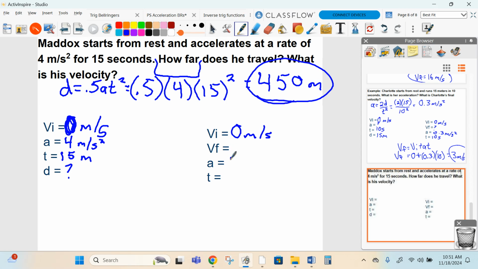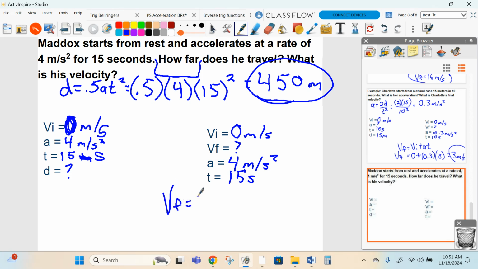Well, nice thing with this one. Acceleration still 4. Time is still 15 seconds. But I could have started with this one first since I already knew everything else.